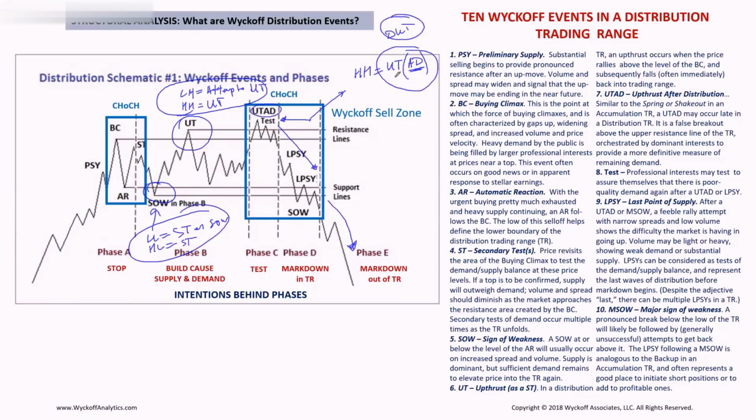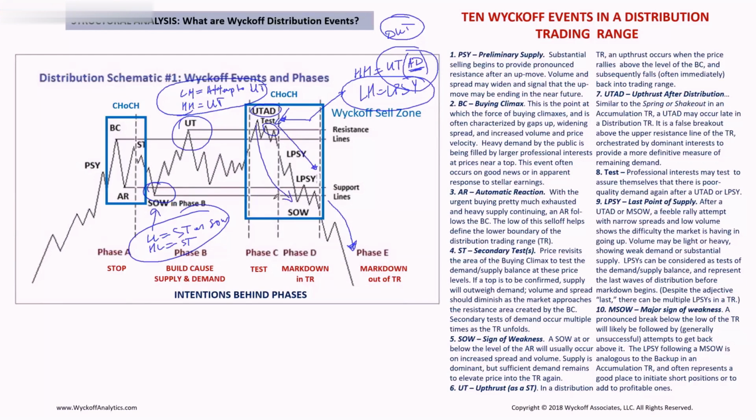Upthrust after distribution could also be tied with tests or multiple tests that attempt to go up. And then a lower high in phase C will be labeled as a last point of supply. And then we are experiencing a change of character.